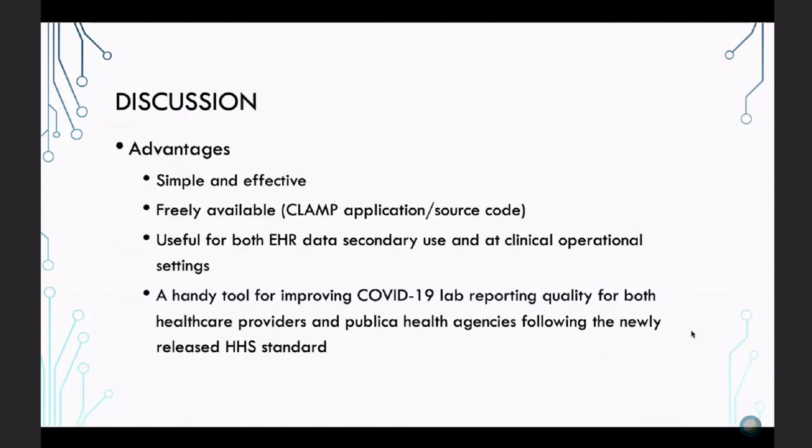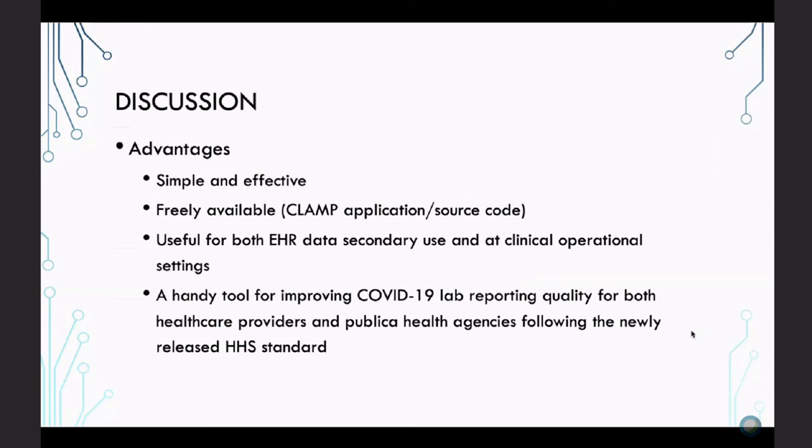In this study, we have some advantages. For example, we collected lab tests from 8 healthcare systems across the country, and we developed a simple but effective normalization system for mapping COVID-19 lab tests to LOINC codes to facilitate rapid research response to the pandemic.